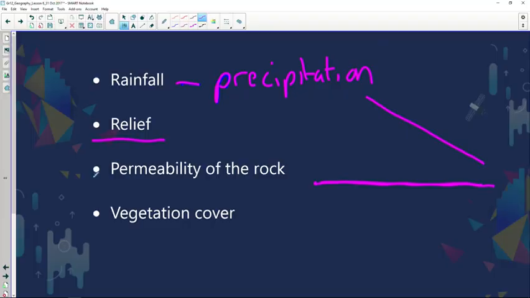Now, a very important point over here is the permeability of rocks. The permeability of rocks is whether it allows the water to infiltrate. Now we get different types of rocks: sedimentary rocks, igneous rocks and metamorphic rocks. Some rocks allow water to infiltrate. Some rocks do not allow water to infiltrate.